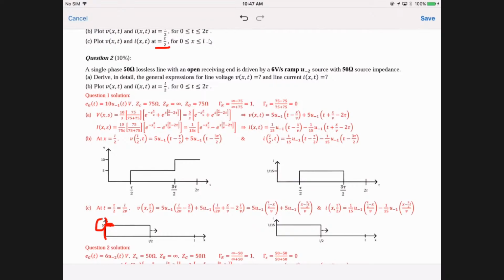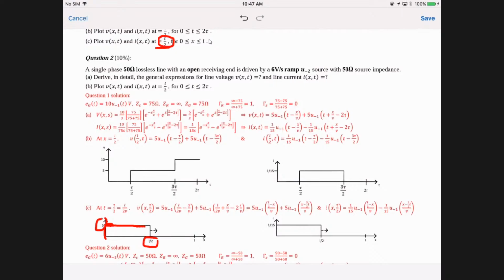So as time goes by, this propagates. It propagates, and at the middle of the line, the wave has propagated for tau divided by 2.